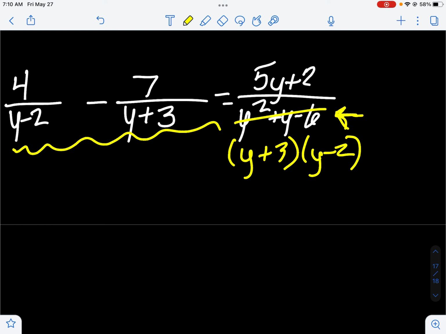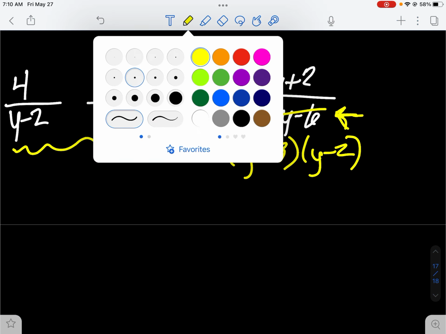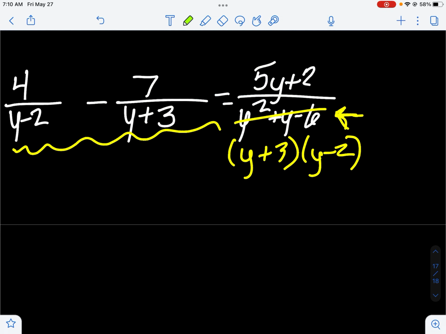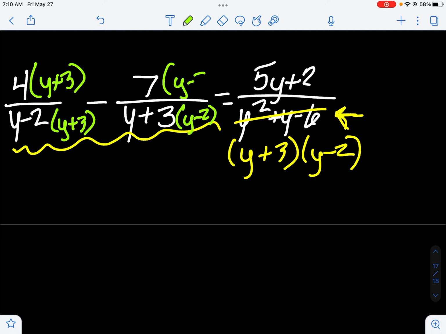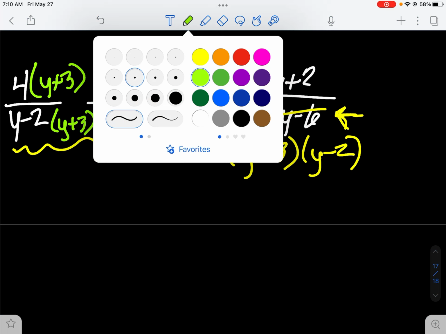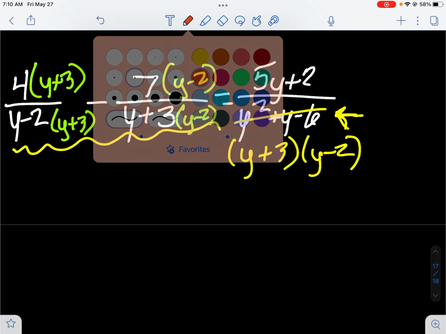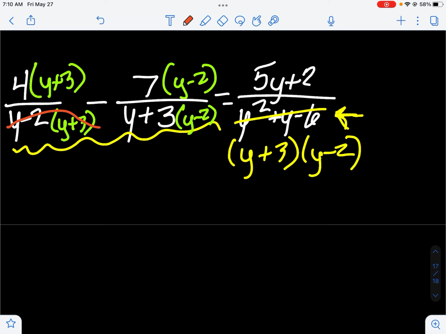So that clues us in to saying that we can get a common denominator all the way across and then cancel our denominator. So here we need a y plus 3. Here we need a y minus 2. Now that we have the same denominator all the way across our equation, we can get rid of them.